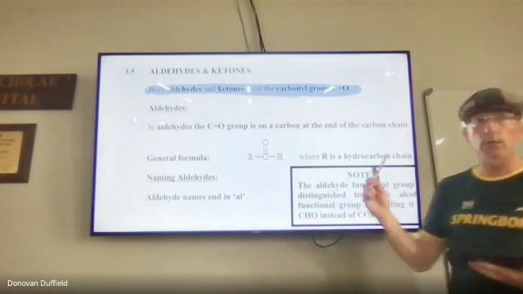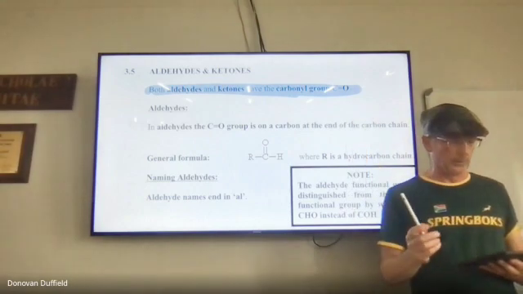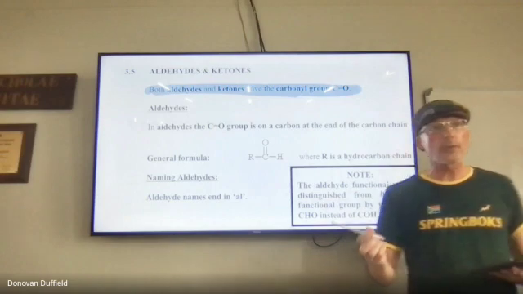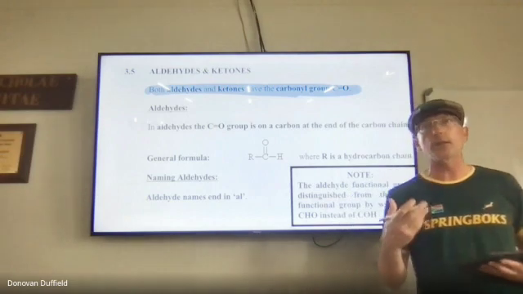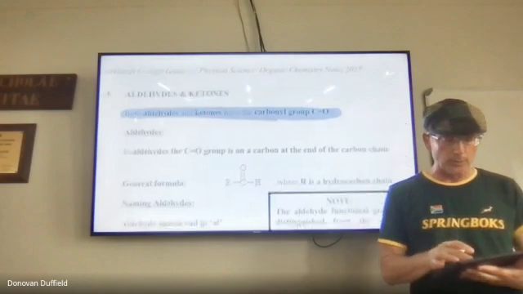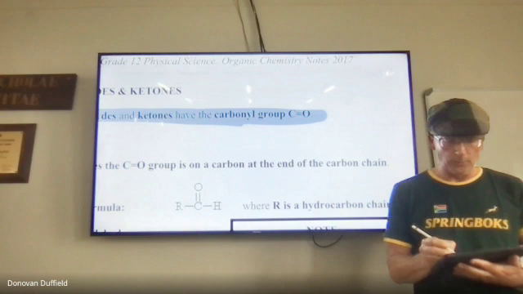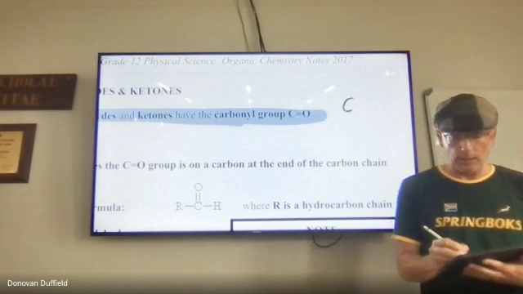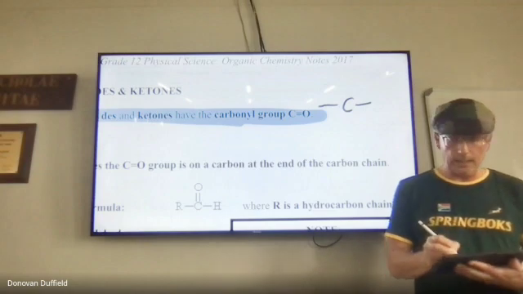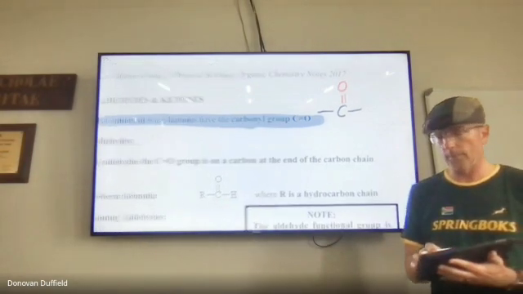Now the carbonyl group is C double bond O. Carbon obviously has a valency of 4. So when we talk about the carbonyl group, we are saying that you've got a carbon, there are 2 bonds there with the oxygen.